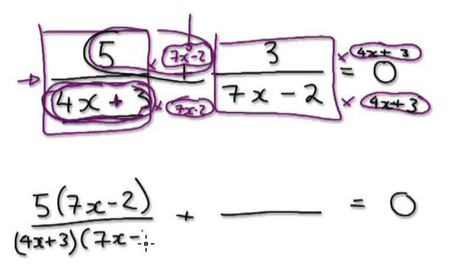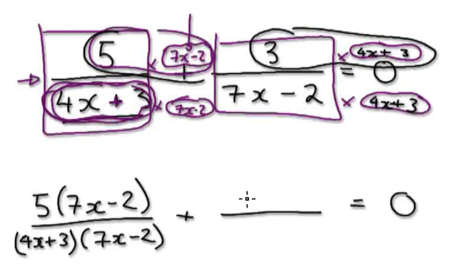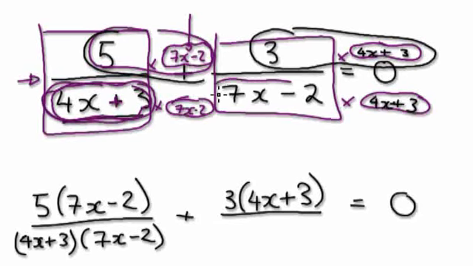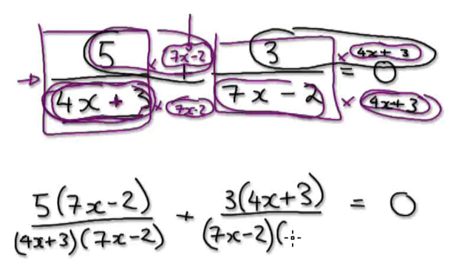So it will be this, and on this side is this times this, so it will be 3 bracket 4x plus 3, and then don't forget we've got this bubble here multiplying this bubble here, so it will be 7x minus 2, close it, and then 4x plus 3.